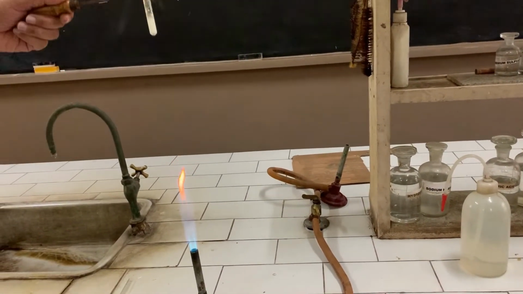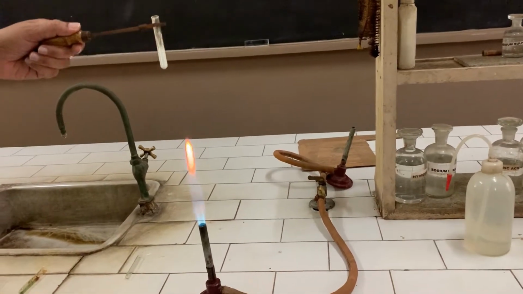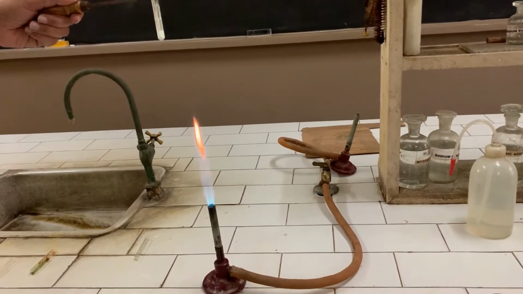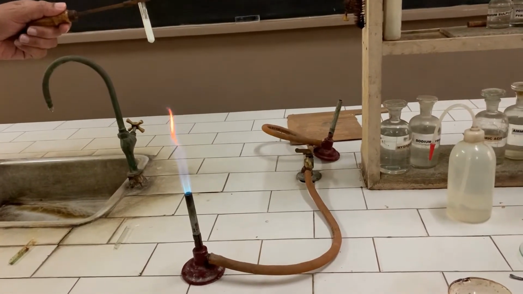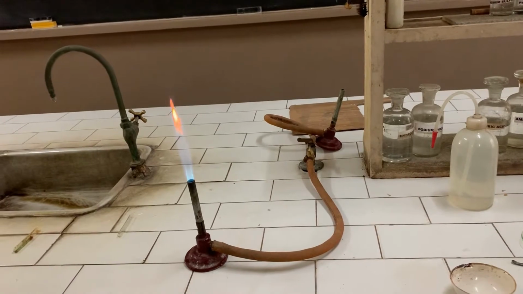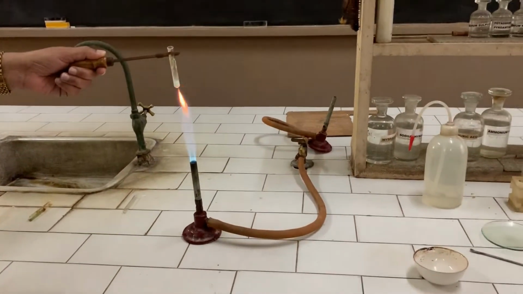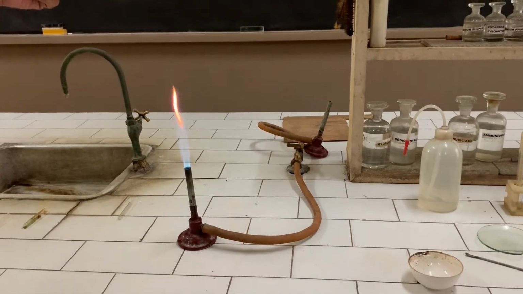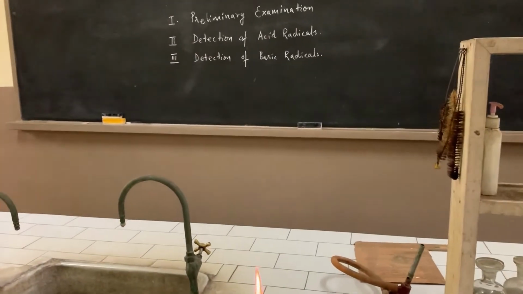Now you can see, upon heating, some brown colored gas is being liberated. Did you see that? Some reddish brown colored gas is being liberated. Inside the test tube there is a slight yellow tinge, and the solution color is slowly changing to blue.